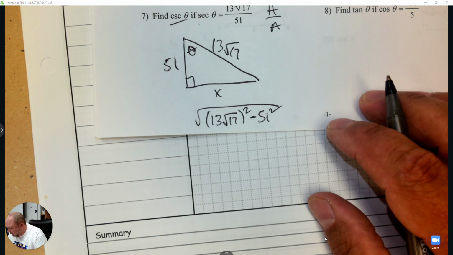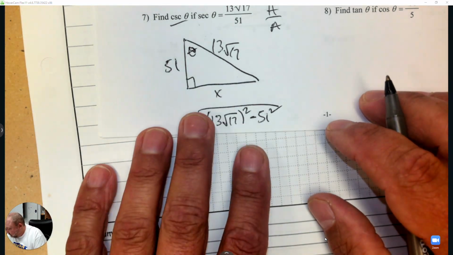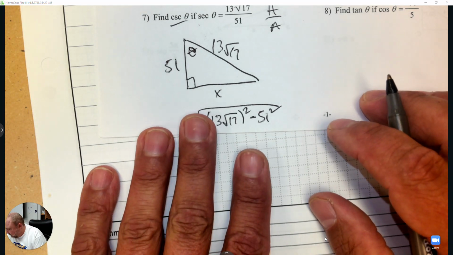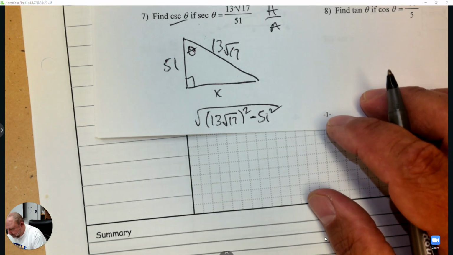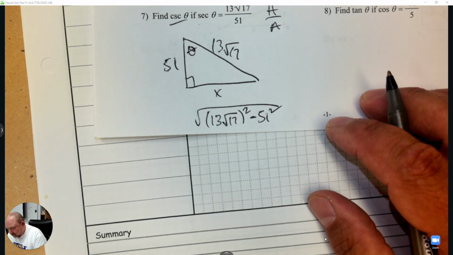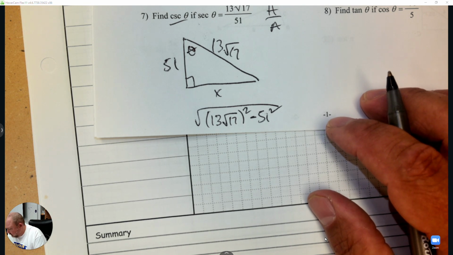Subtract 51 squared. Let's see if it's a nice answer. Did I type it in right? So let me try again. See if we can make it work.